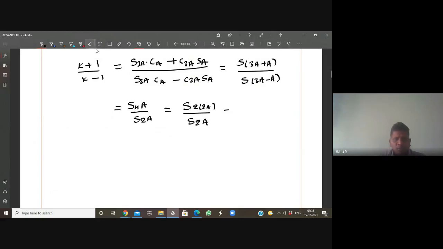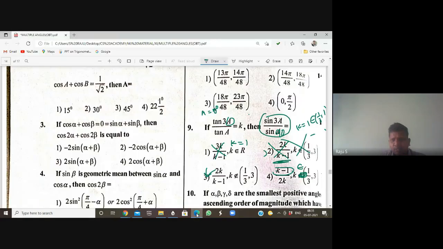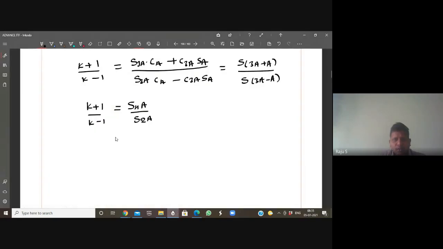So what I want to do is apply the componendo dividendo method again. Then it becomes directly an option. Even in the given options, 2k and 3k are there. We don't have k plus 1 by k minus 1. So k minus 1 as it is, but the other one should be 2k in the numerator.